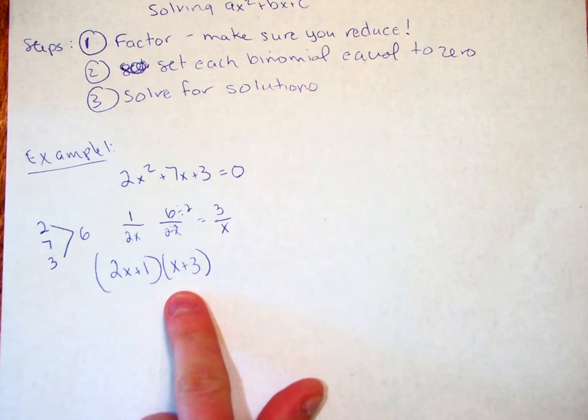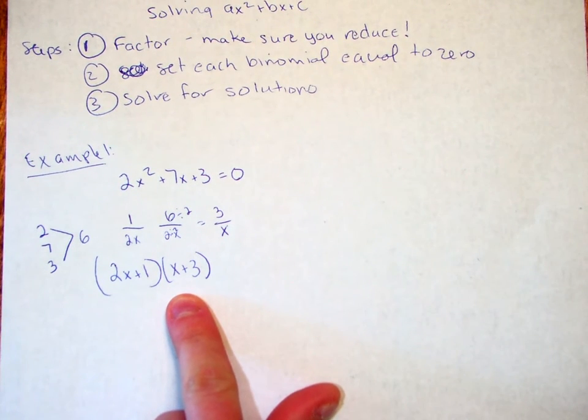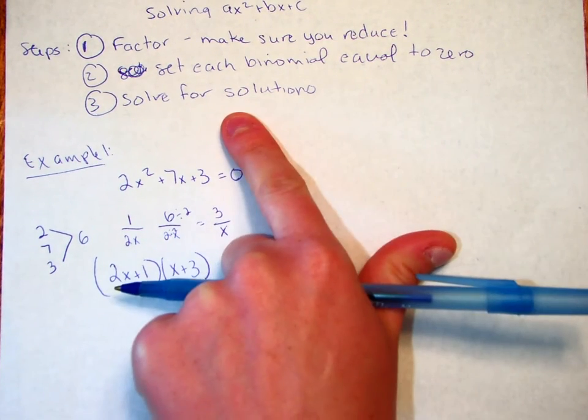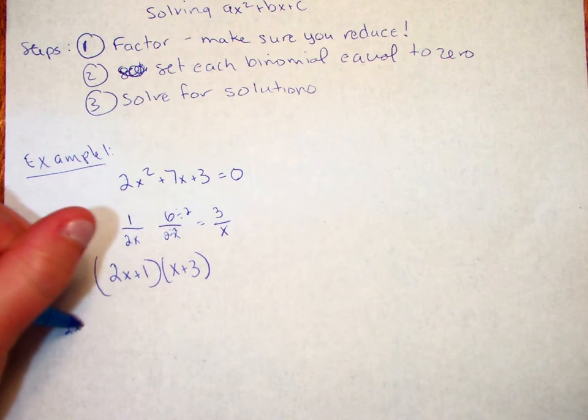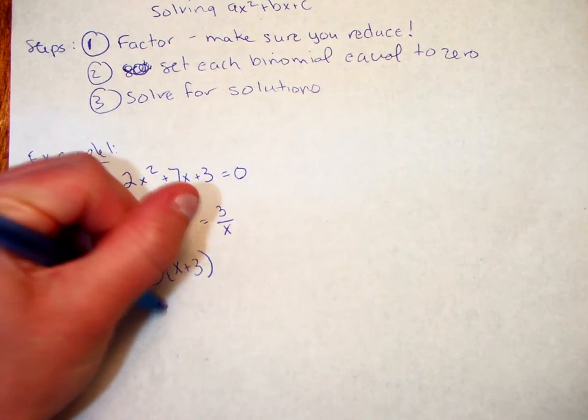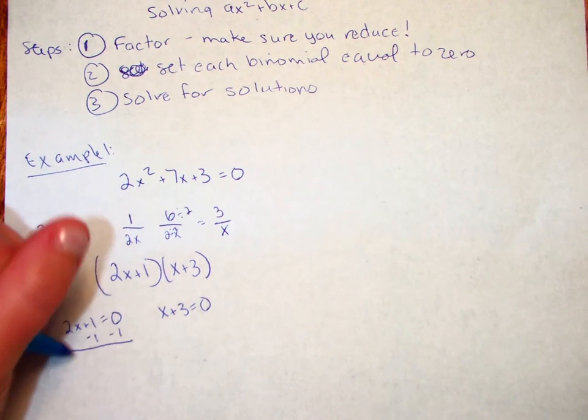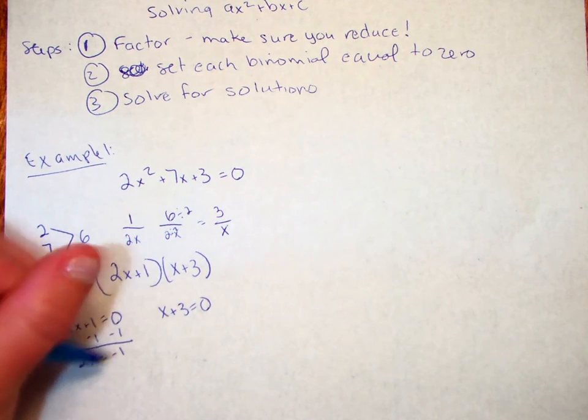So this was like the first part of section 10.6. Today we set each binomial equal to 0 and we solve. So we get 2x plus 1 equals 0 and x plus 3 equals 0. Subtract 1. 2x equals negative 1.